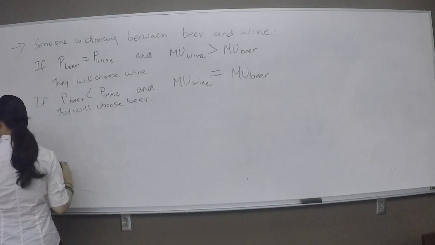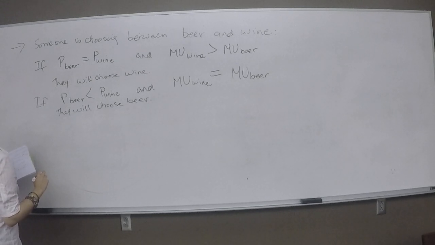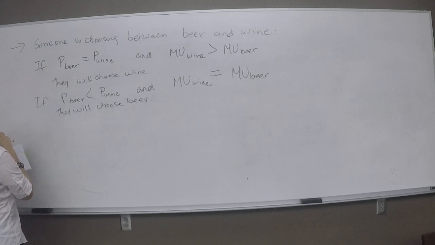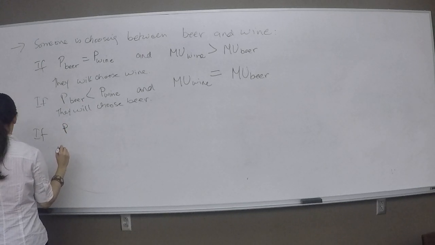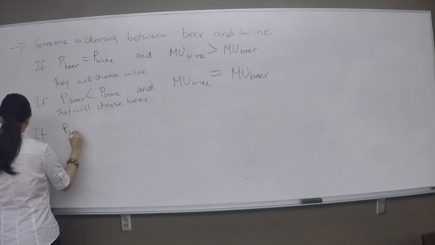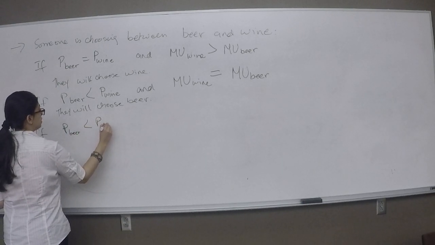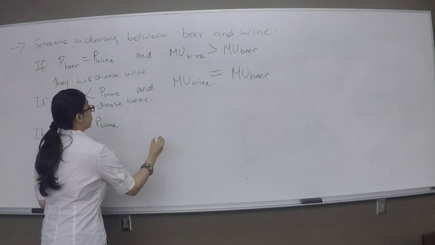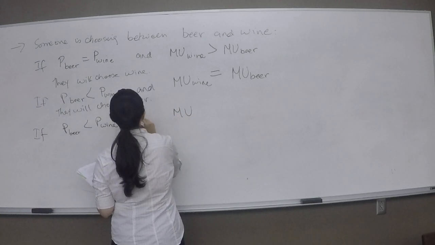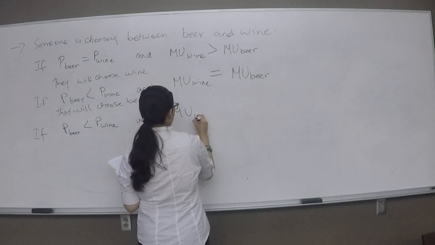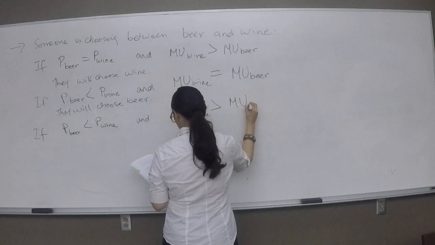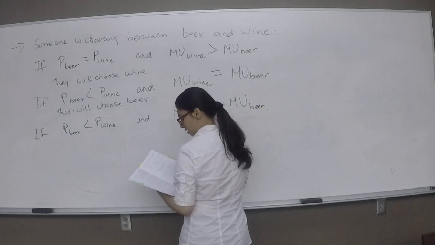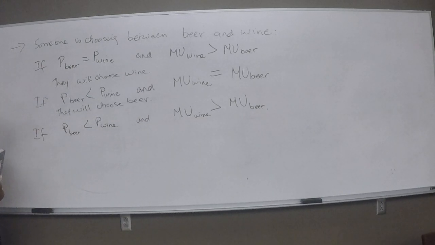What if we tell you that if price of beer is less than price of wine and marginal utility of wine is greater than marginal utility of beer, what are they going to choose now?